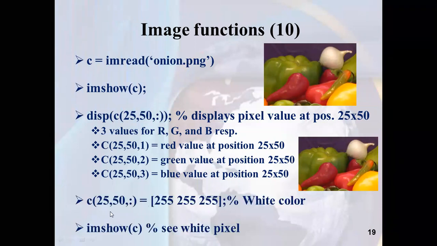Now, if we continue, if we put C(2550,2550,:) equal to 25, 25, 25, why are we using 3 values? Because C(2550,2550,:) has 3 values, RGB. So to change this value, I have to change it by 3 values. So I put 255, 255, 255, which is a white color.